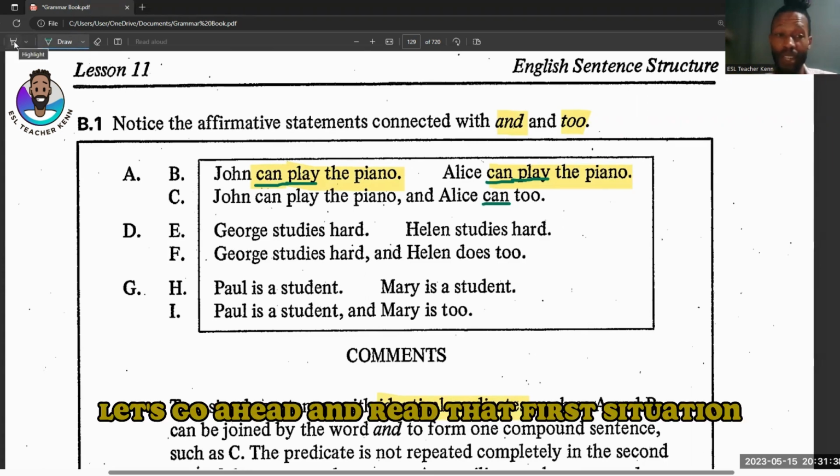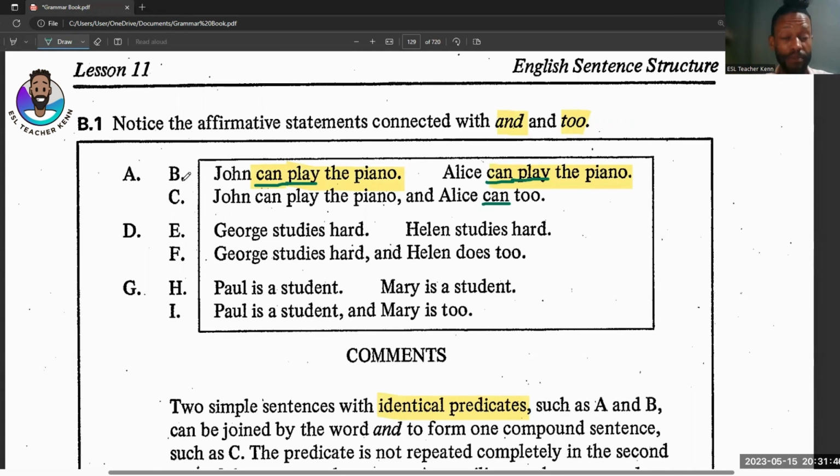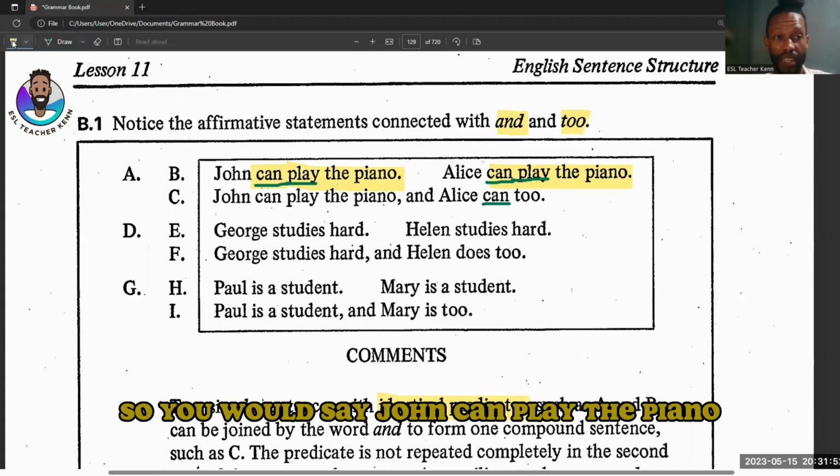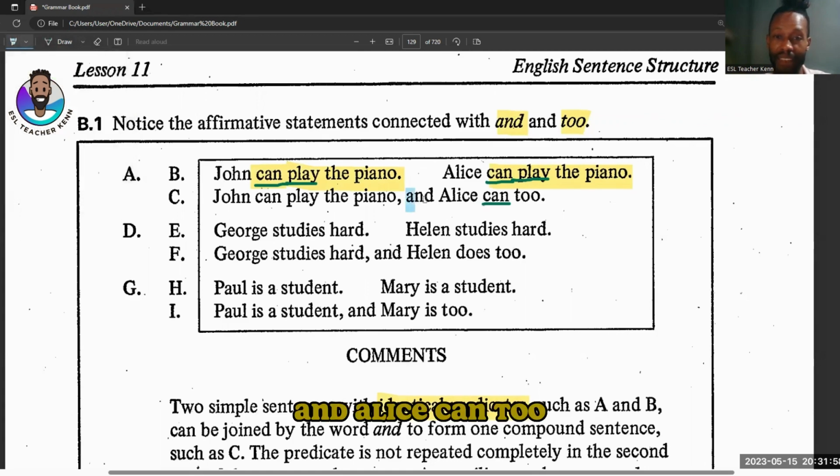Let's go ahead and read that first situation. Situation A says, John can play the piano. Alice can play the piano. So you would say, John can play the piano and Alice can too.